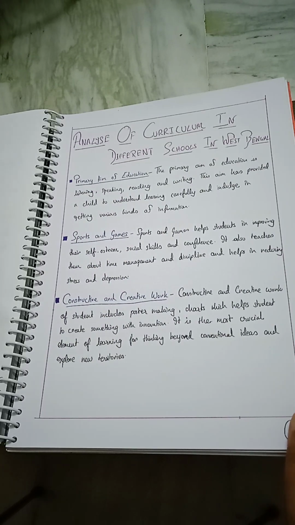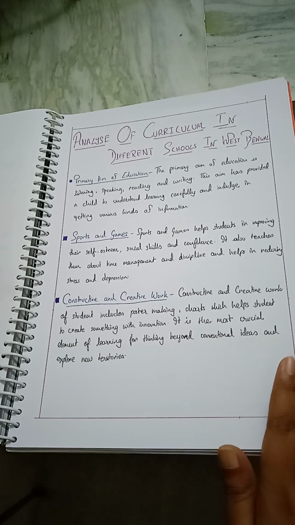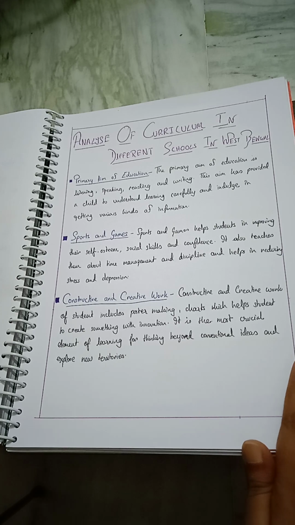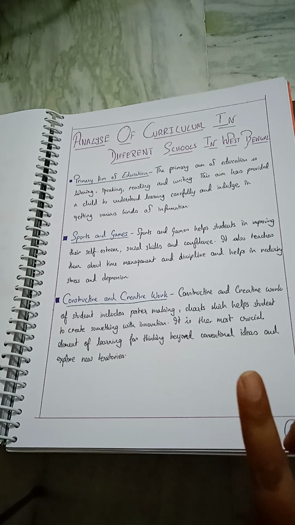Then comes the analysis of curriculum in different schools in West Bengal. This part is specific to the state board or the prescribed board which is being asked of you by your university and colleges. As my prescribed board was the West Bengal board, I have written here the analysis of curriculum in different schools in West Bengal.